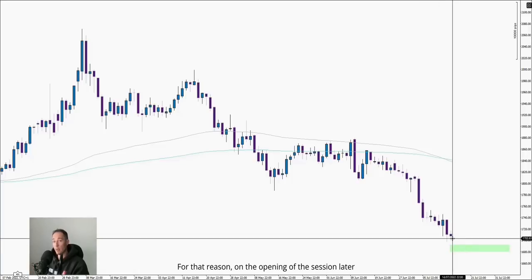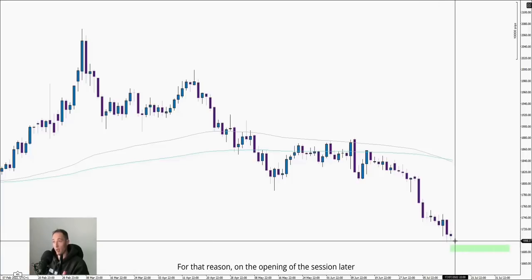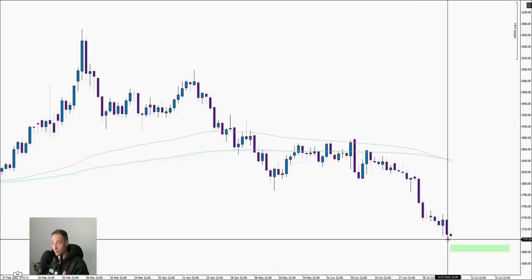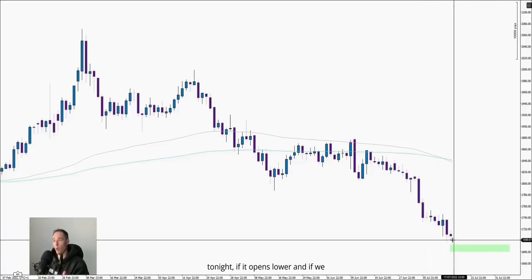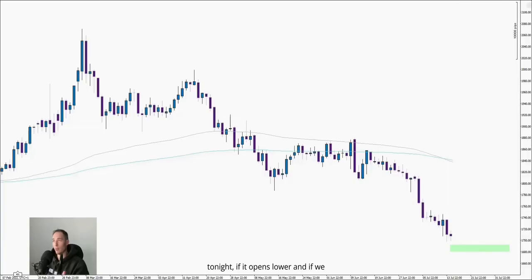So for that reason, on the opening of the session tonight, if it opens lower, and if we go back to the level there, I might enter if silver stays and doesn't get too much lower, or definitely not lower to where it is, because this could mean that it has the potential to reverse from there and therefore miss my area.